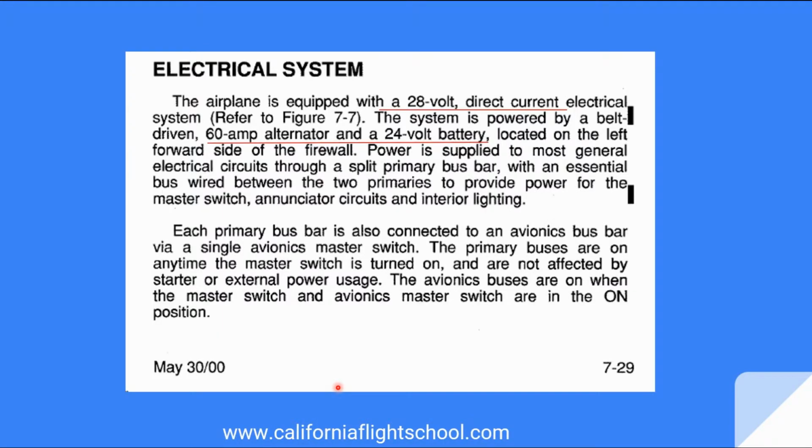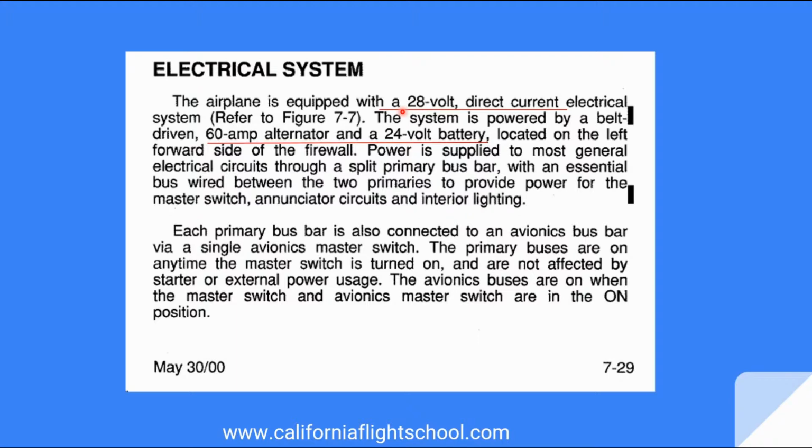So what are we talking about then? Well, we're talking about going into the amplified procedures and then just grabbing big line items out, like this airplane is equipped with a 28-volt direct current electrical system. So it's a DC system, and it's 28 volts, once it's working, once it's switched on.